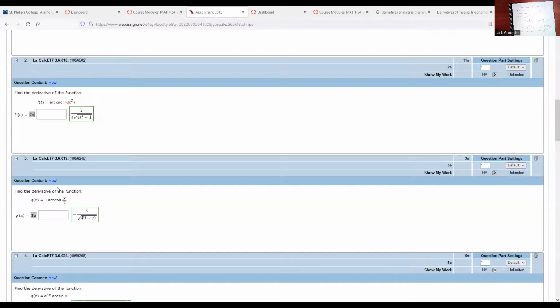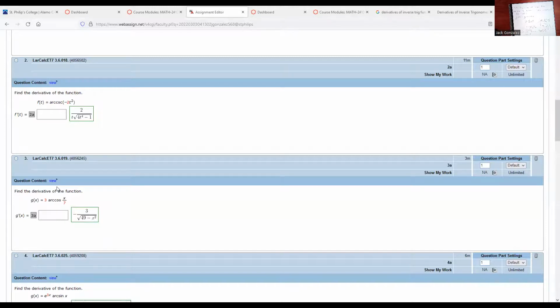So problem three. Okay. So the derivative of this guy will require that formula.